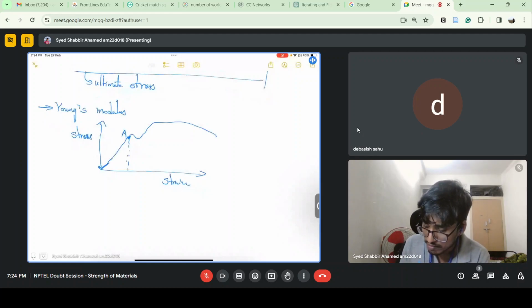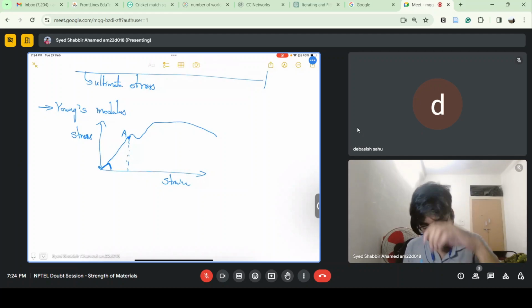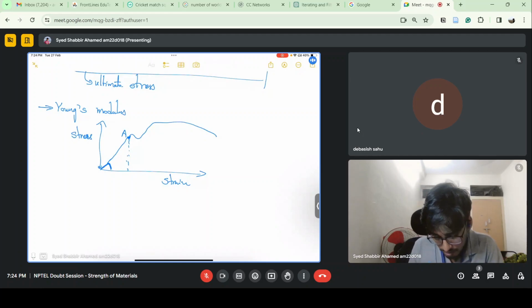So we have the Young's modulus. Young's modulus is basically, as I said, the slope of this line up to the point A, up to the proportionality limit. Whatever the slope of the line which we get is called the Young's modulus.